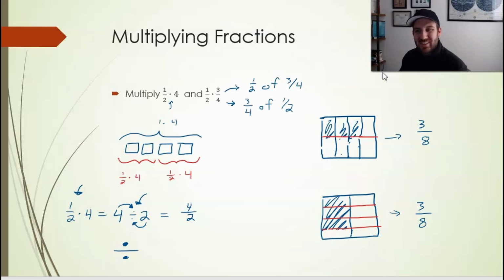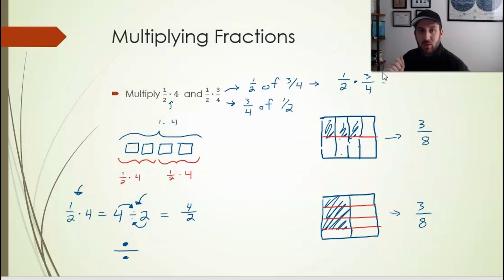So how can we represent this without pictures? Well, we can recognize that this 3 of 8 occurred because in the taking of 1/2 of 3/4, we still had the same amount of shading that was given to us. All we did was make every single shaded region go smaller.